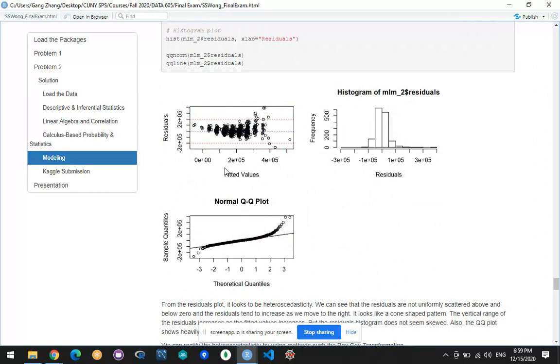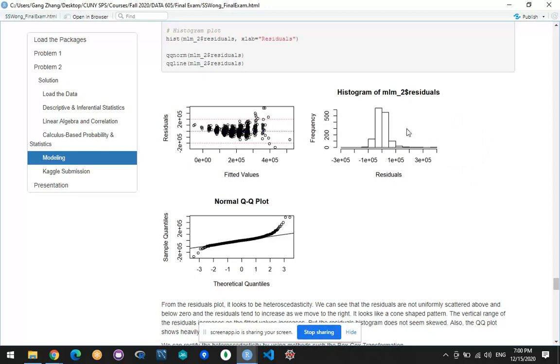We can see that the residual plot looks to be heteroscedastic. The residuals are not uniformly scattered above or below zero, and the residuals tend to increase as we move to the right, looking like a cone-shaped pattern. So the vertical range of the residuals increases as the fitted value increases.